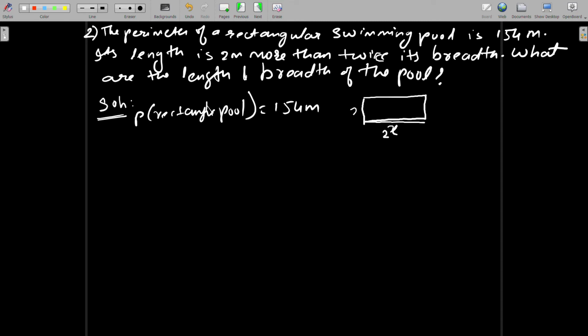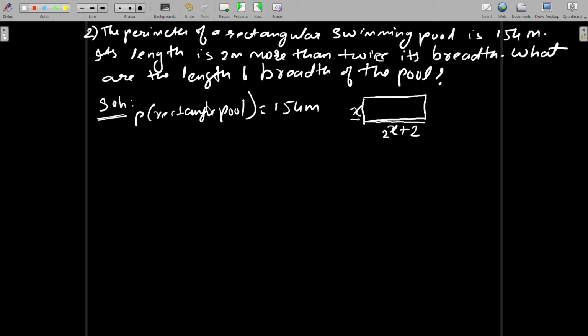So this breadth is nothing but x, and the length is twice the breadth, 2 meter more, so 2x plus 2. Got it? Here we have to understand a little clearly. The question says its length is 2 meter more than twice its breadth. If the breadth is, let's say, 10 meter, then twice it and 2 meter more will be 12 meter. So do we know the breadth? We don't know the breadth.